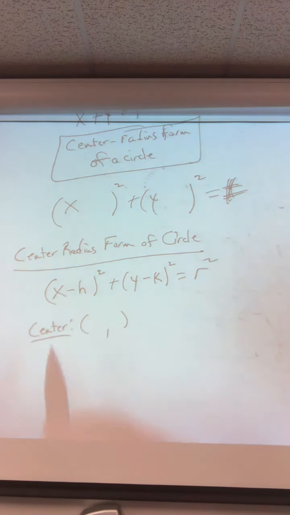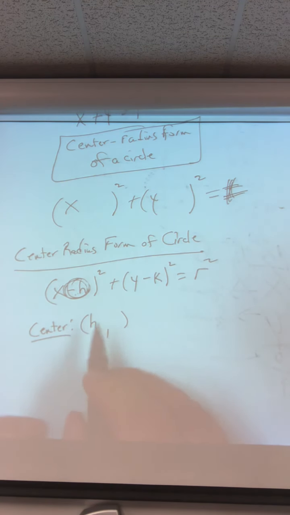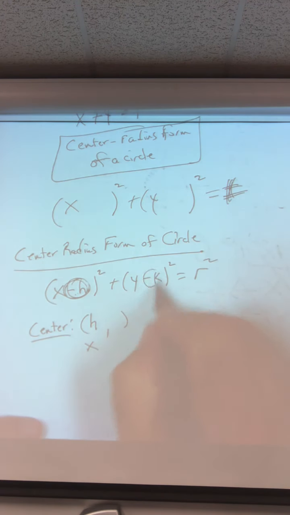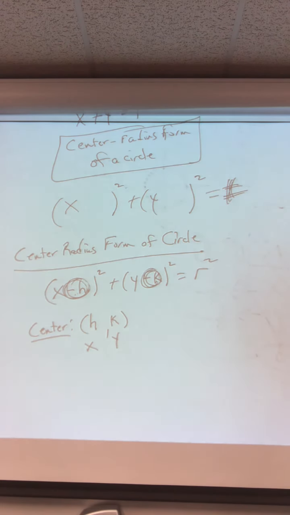Whatever is behind the x, take the opposite of it and put that in the x spot. Whatever's behind the y, take the opposite of that and put that in the y spot. And that'll tell you where your center is located.